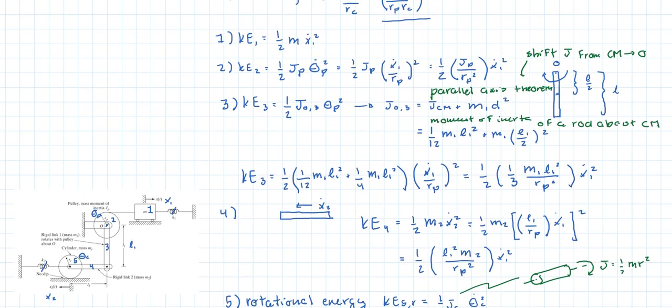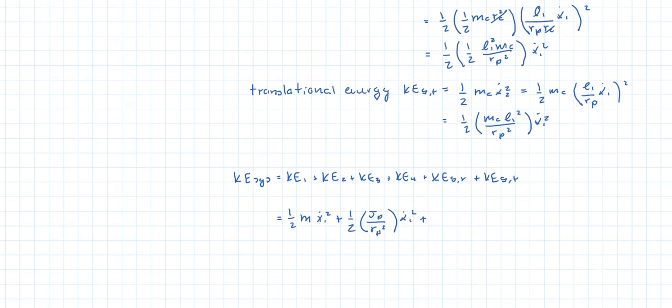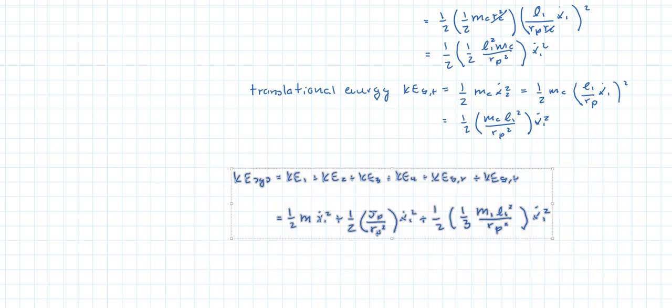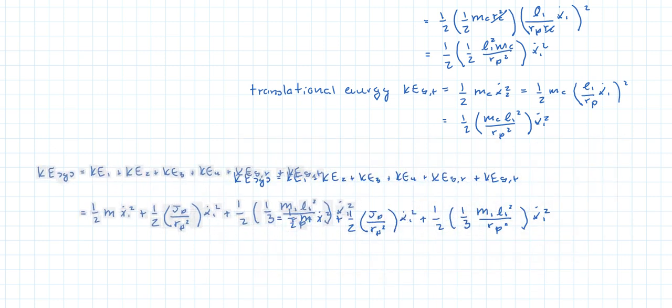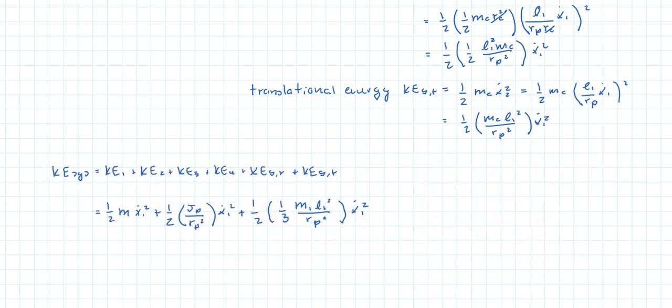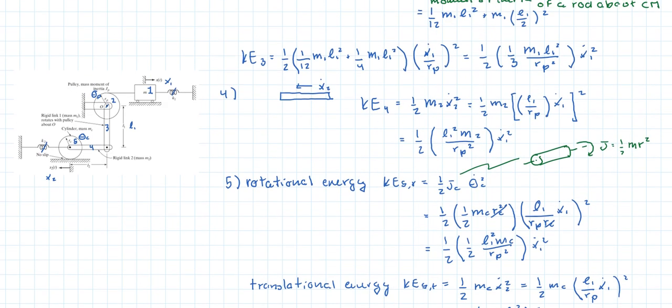Number 3, where are you? Here. We're going to move all of this to the left so that we have enough space. Okay, so we have number 1, number 2, number 3. We're looking for number 4. Number 4 is this guy.